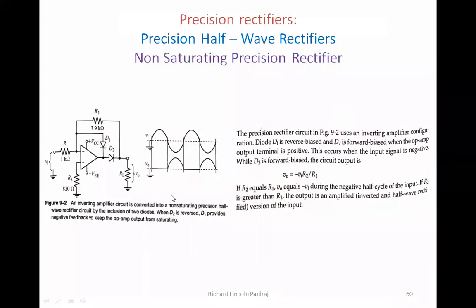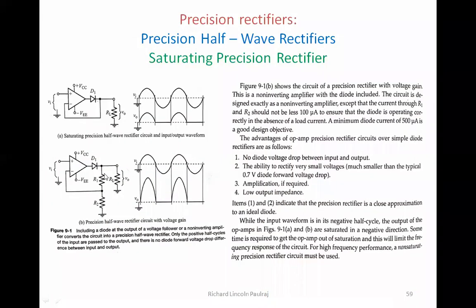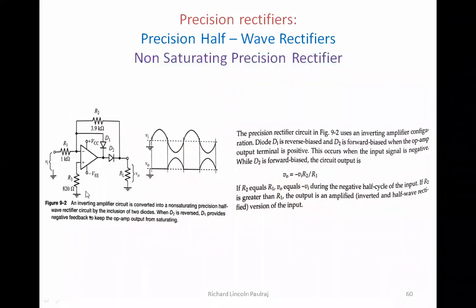So here you can see we are using two diodes, right? And R1 has moved to the input side, and R2 is in the feedback line. It's pretty much the same, but previously how many resistors did we have? Only 1, 2, 3 resistors, right? And here also we have 3, but one extra thing that we're going to see is with the feedback line.